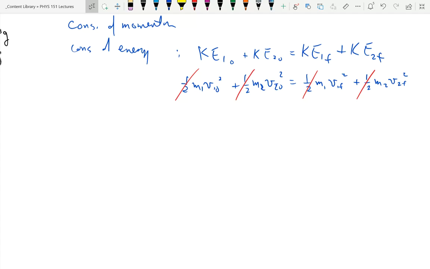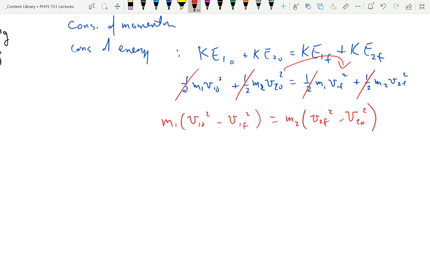Yes, we're sure. I'm only doing the kinetic energy part right now, not the momentum yet. The next step is to move mass 1s to one side of the equation, mass 2s to the other. Instead of having initial versus final, we'll have 1 versus 2. So we have mass 1 times V1 initial squared minus V1 final squared equals mass 2 times V2 final squared minus V2 initial squared. So I've moved this term to that side and this term to that side.